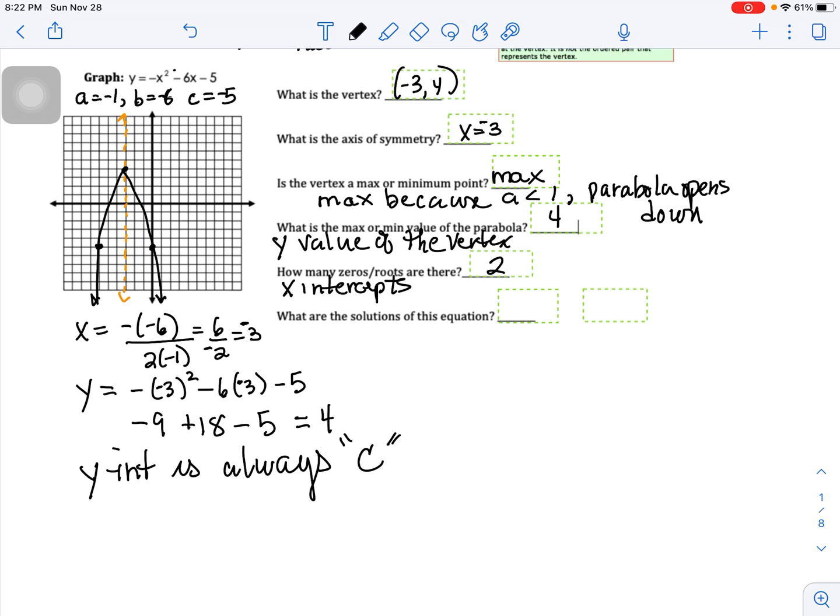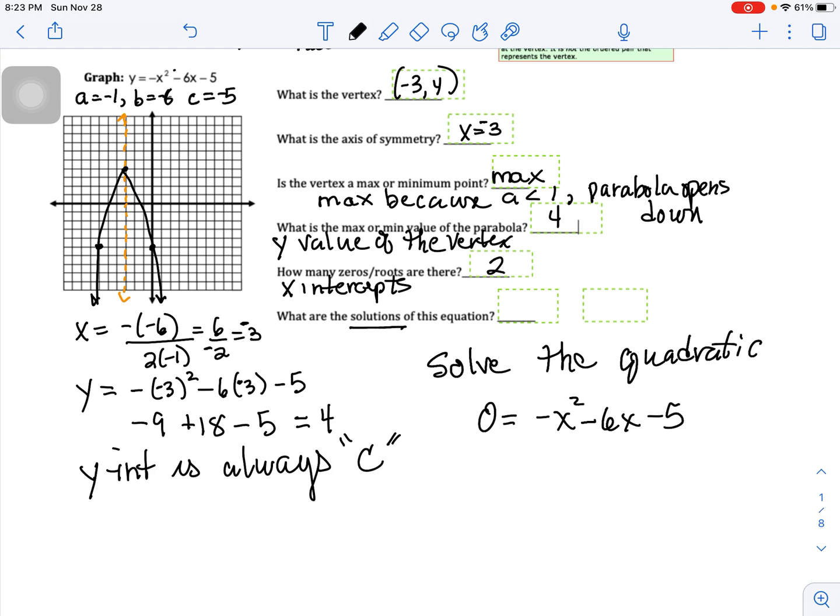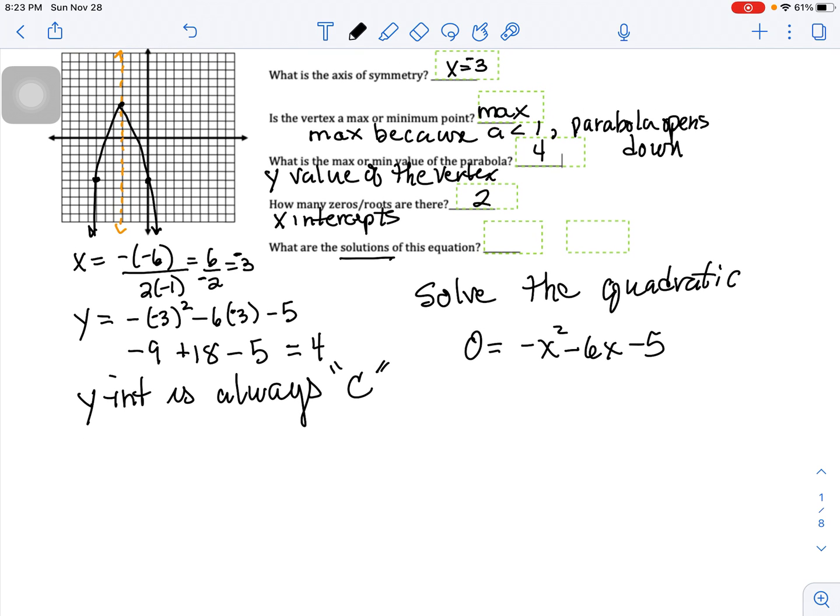And then it says, what are these solutions, which is another name for roots or zeros. That means we need to solve the quadratic. So that's going to be 0 equals -x squared minus 6x minus 5. Now, I don't want to solve with a negative in front of the x squared, so I'm going to factor it out.